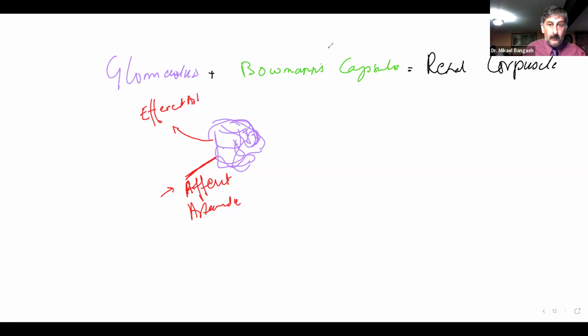Now, just think of it in this way, guys. What is it that the blood is going to be bringing or carrying? Nutrients. Yes, Maria? Nutrients and oxygen and stuff. Okay.